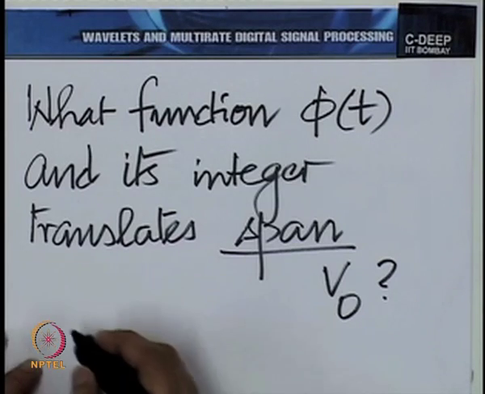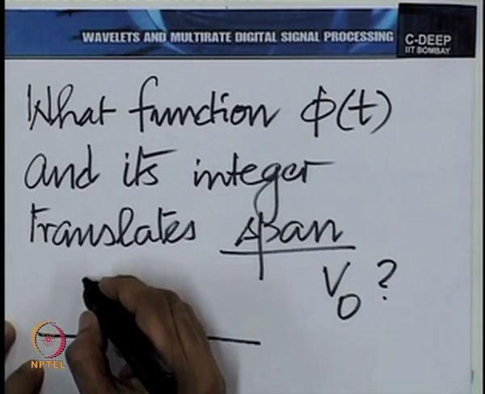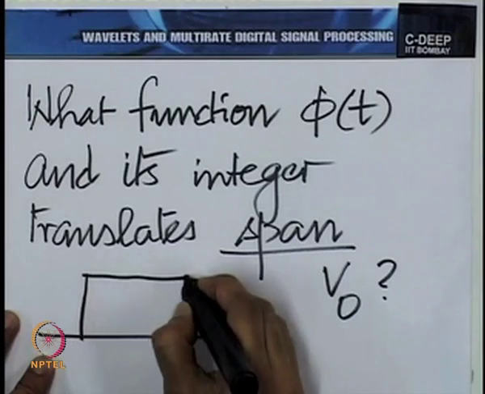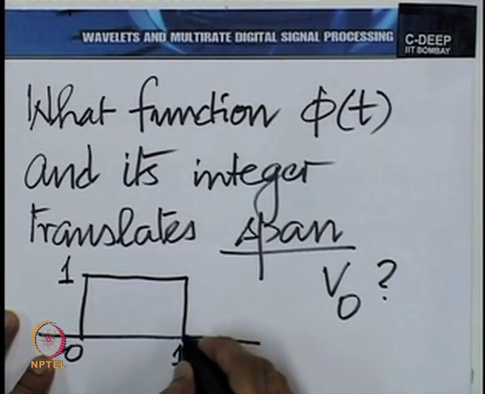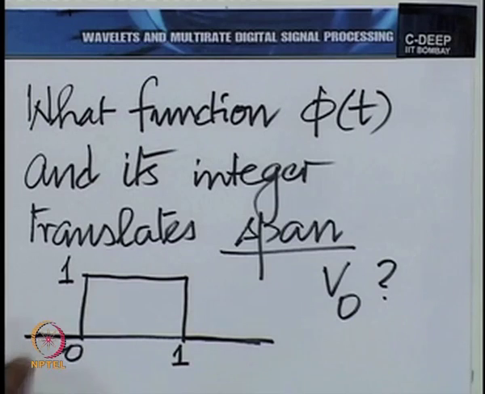And the answer is very easy. In fact, if you were to visualize a function which is 1 in the interval from 0 to 1 and 0 else, lo and behold, you have the answer.